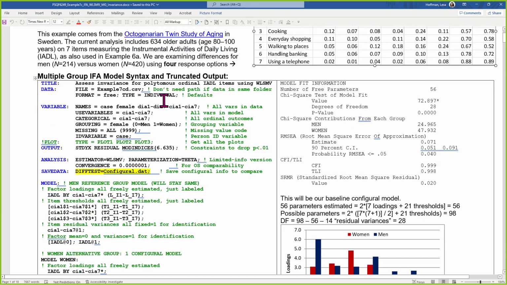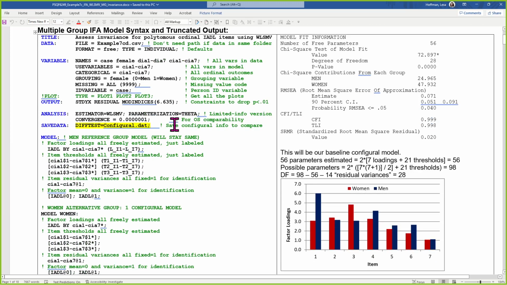In the code, it looks a lot like the CFA examples for multiple group models would be. So here's the one thing you need, grouping, where you tell it which column of your data set holds the grouping information. The column in this case is called female, and then I attach the labels here in the code.